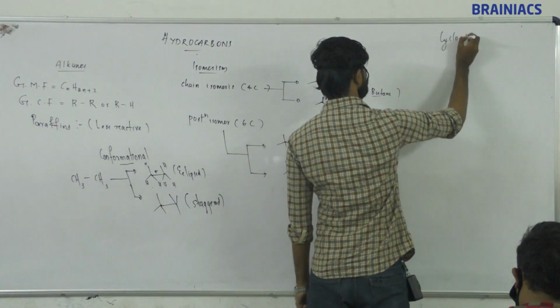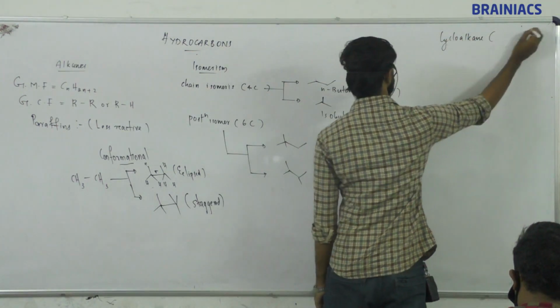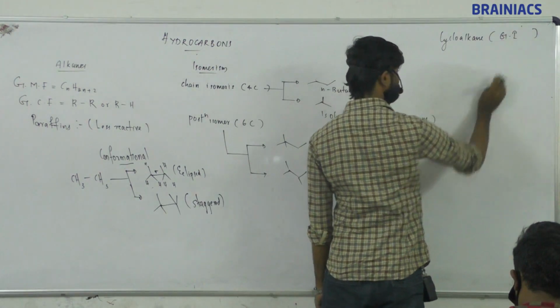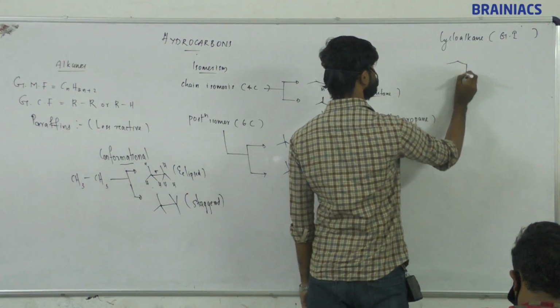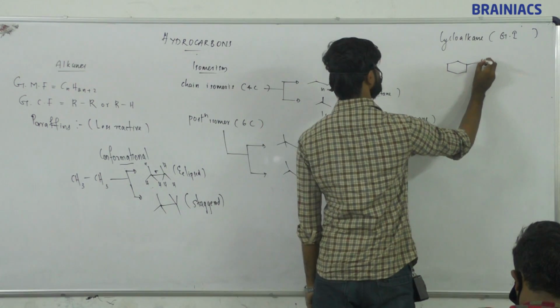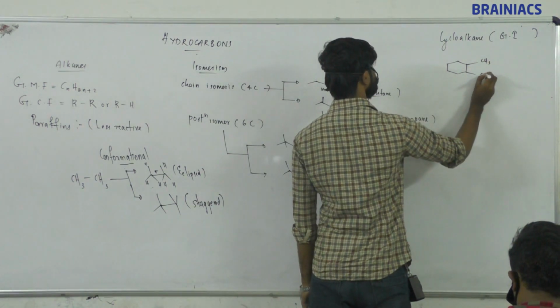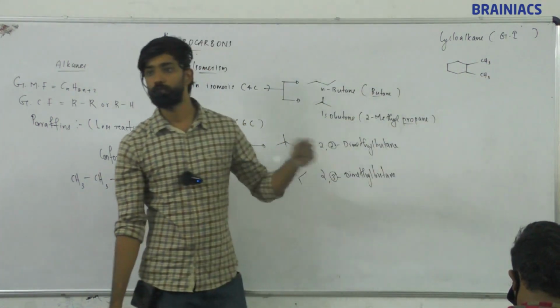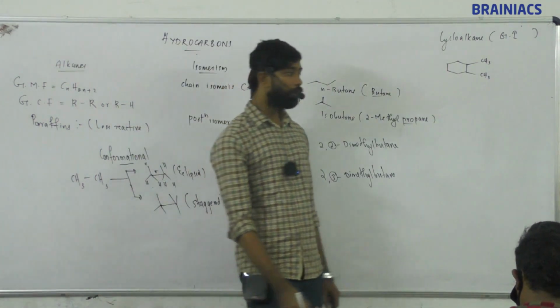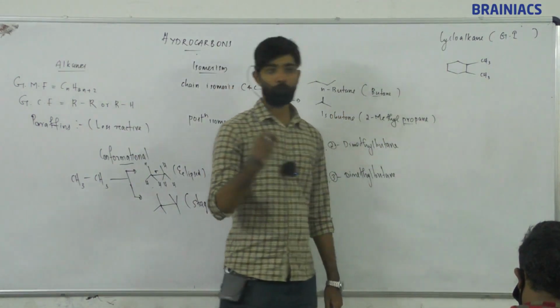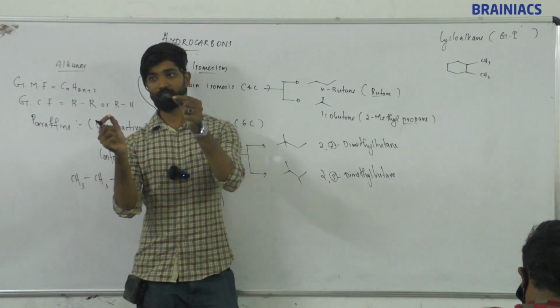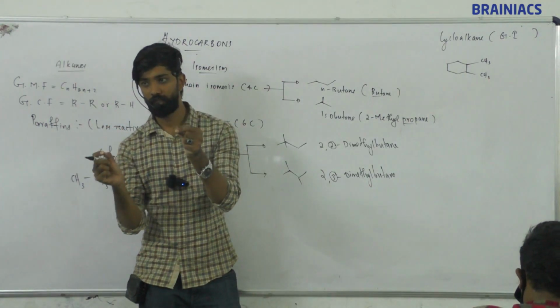Cycloalkane isomerism. Cycloalkane can show geometrical isomerism. Geometrical isomerism arises when there is a rotation restricted center.